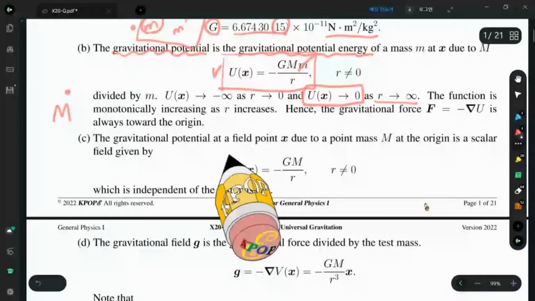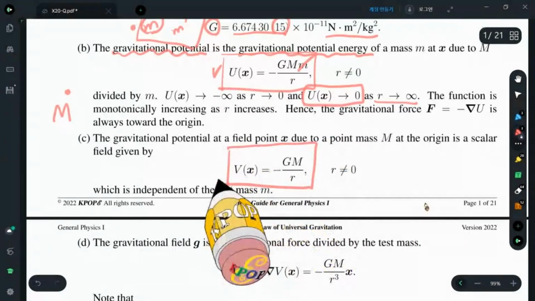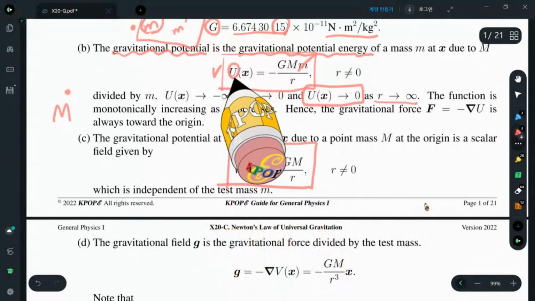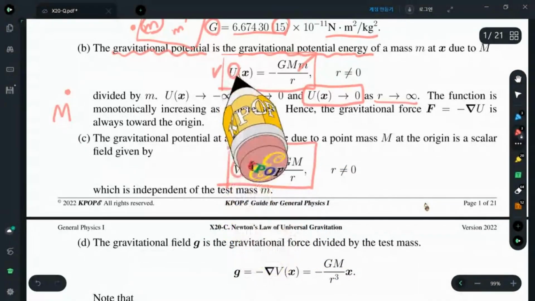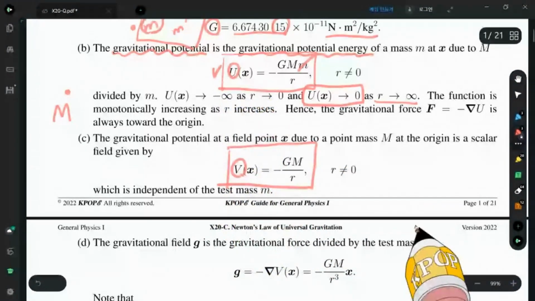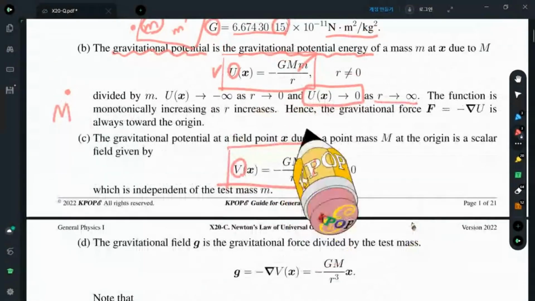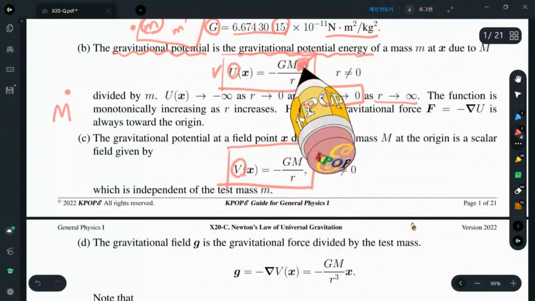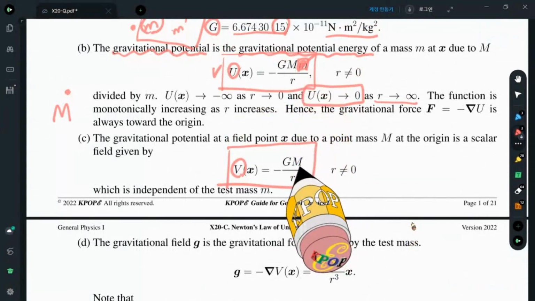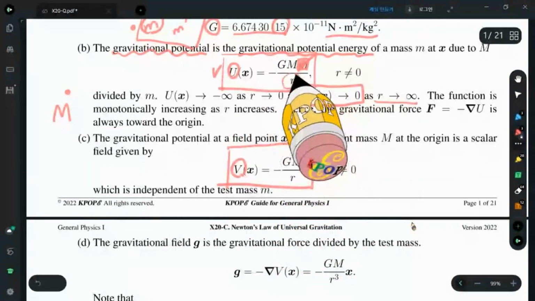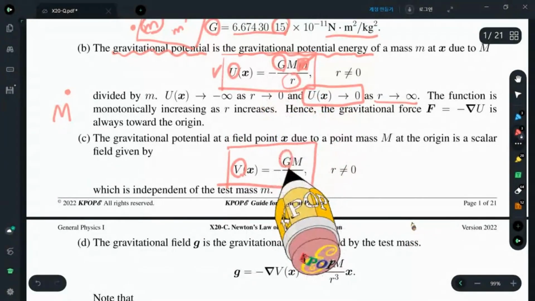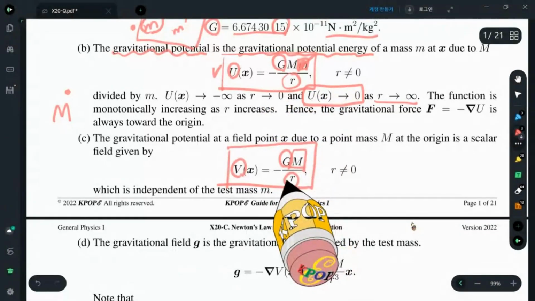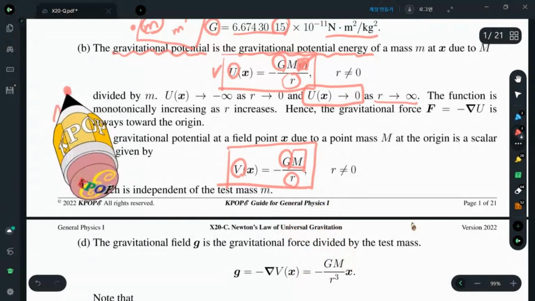The result is the gravitational potential, in comparison with the gravitational potential energy. We use V instead of U. And you notice the mass of the test mass has disappeared. So the denominator and coefficients are the same, but we have only the mass of the particle at the origin.